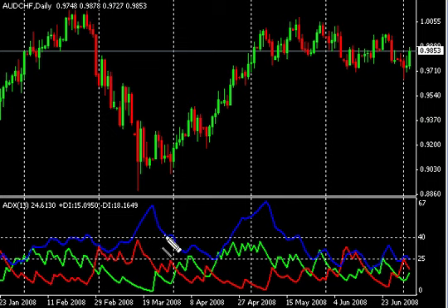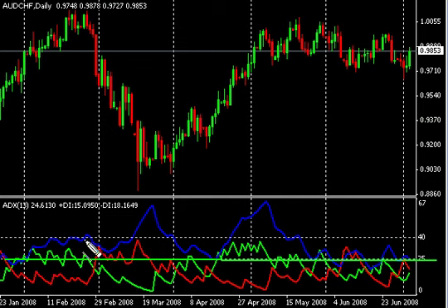As a general rule, when the blue line is above the 20, in this case we're going to use the 25, that's the preset in the Forex, it works pretty good. When it is above the 25, anything above that range, it is trending, or it started a new trend.